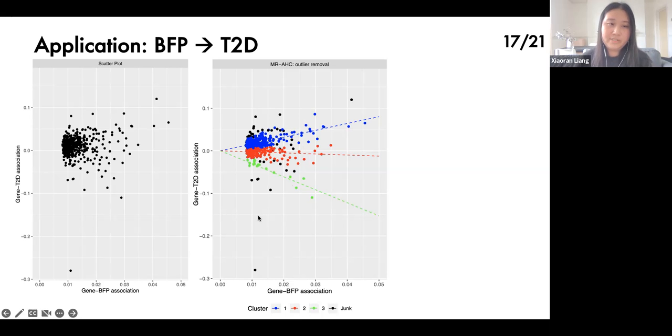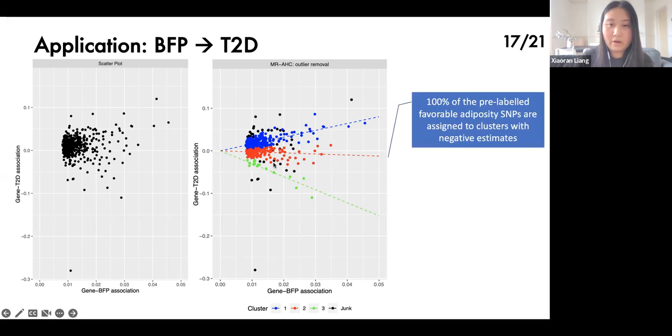So this result supports the conclusion that the metabolic effects from body fat percentage on type 2 diabetes are heterogeneous. So some components of obesity would lead to increasing risk of type 2 diabetes, like the one shown in the blue cluster, and some components of obesity would lead to decreasing risk of type 2 diabetes.